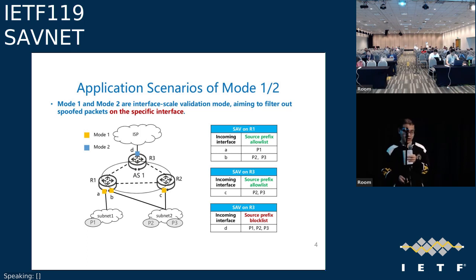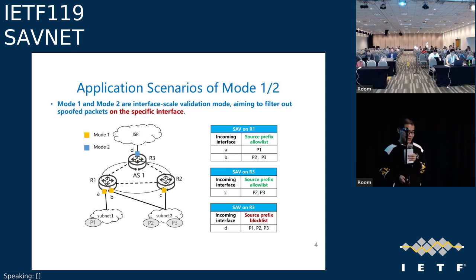So we can apply a source prefix allow list on interface A to filter out the spoofed traffic from subnet 1. The allow list contains only one prefix P1. Similarly, subnet 2 has the prefixes P2 and P3, so we can also apply a source prefix allow list on interface B and C.